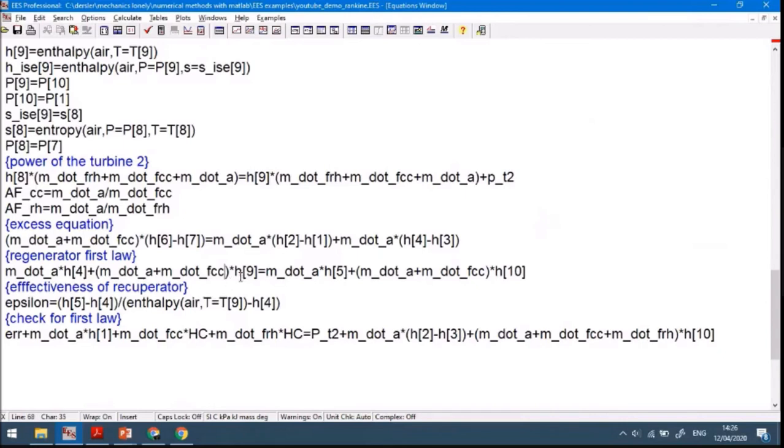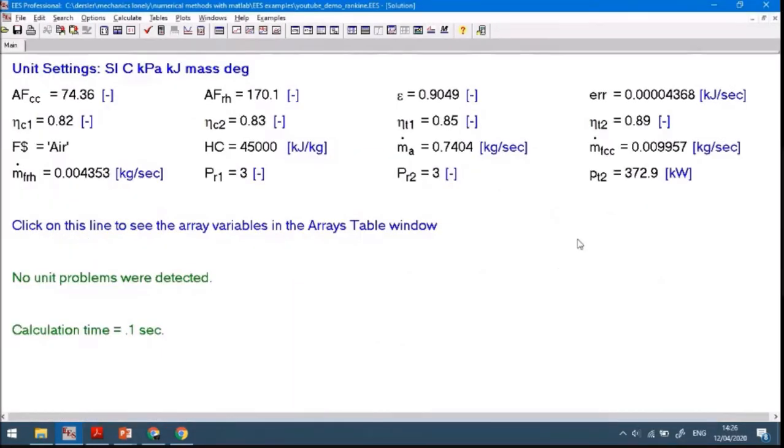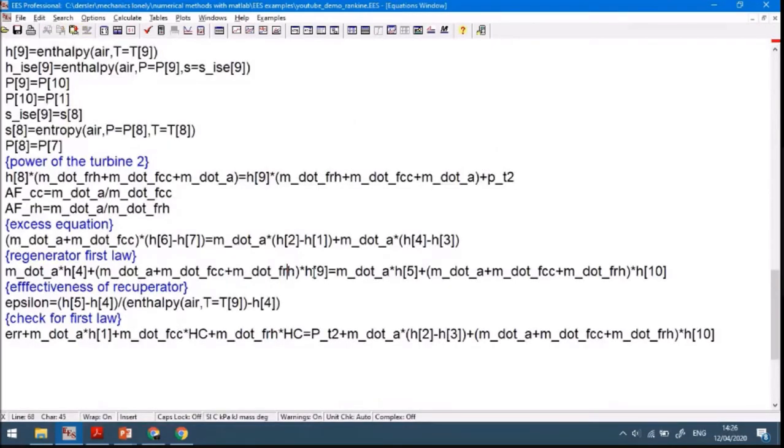Yes, so we have a small error because I didn't add something in for fuel. Error is okay now, so the error has decreased, no problem. So this one was the error that I had not added.